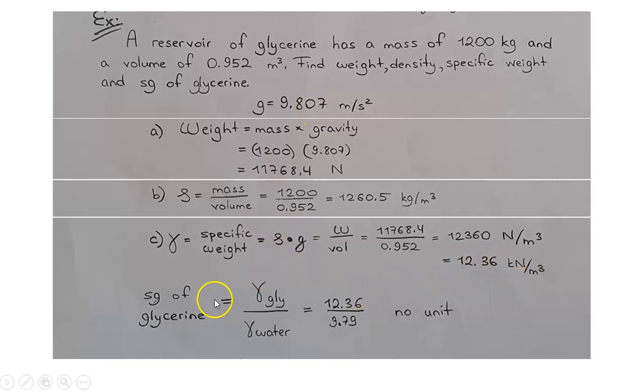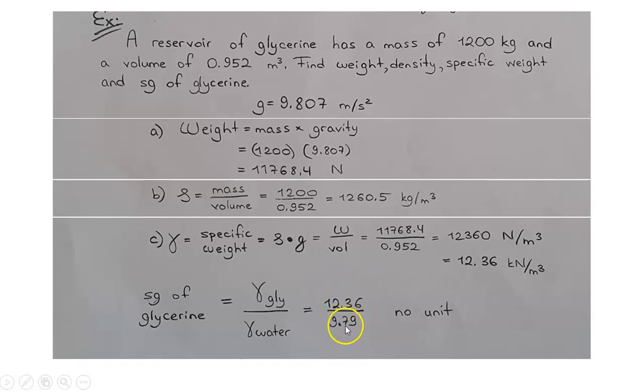All right, now we expect to find the specific gravity of glycerin, which will be equal to the specific weight of glycerin compared to the specific weight of water. That's specific weight of glycerin divided by specific weight of water. We know that of glycerin to be 12.36, and then we know that the specific weight of water is 9.79. That is a given, that is a standard.